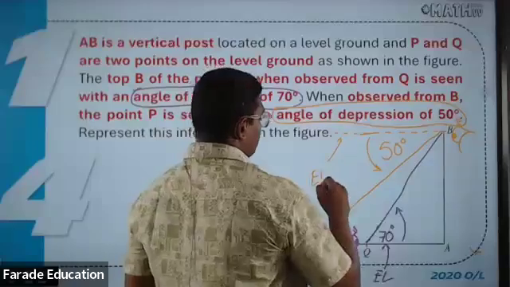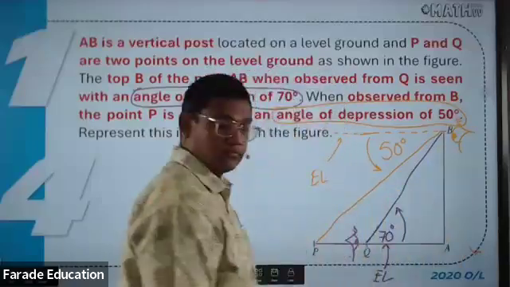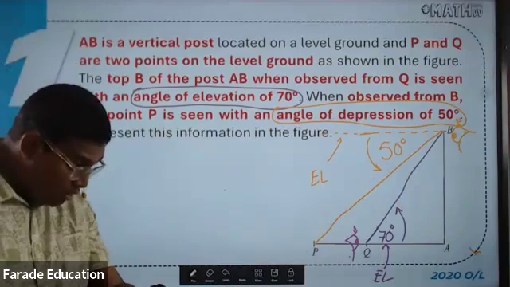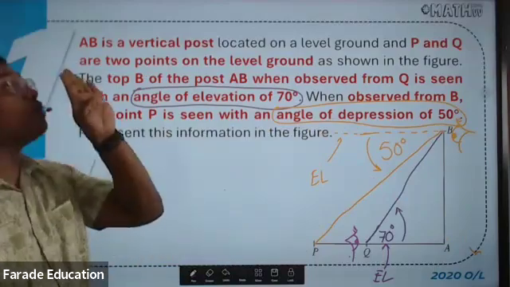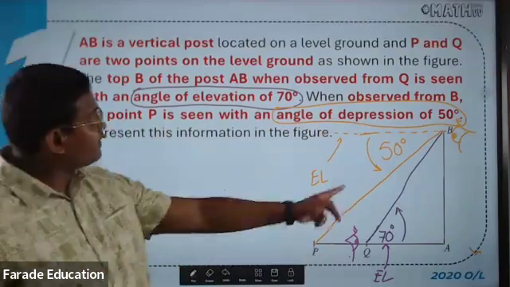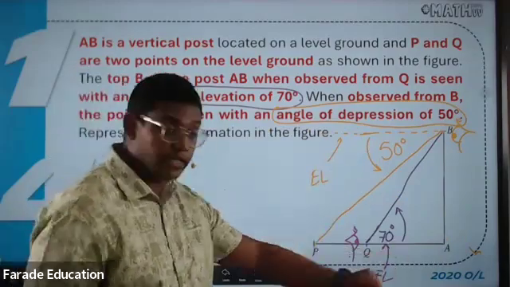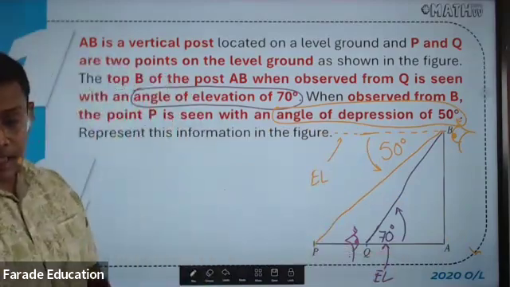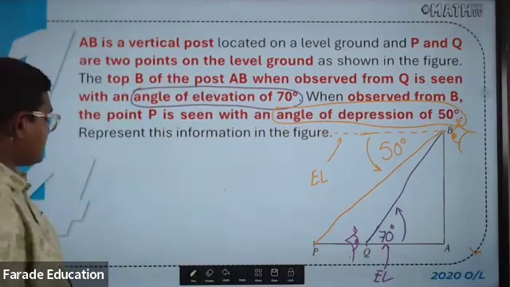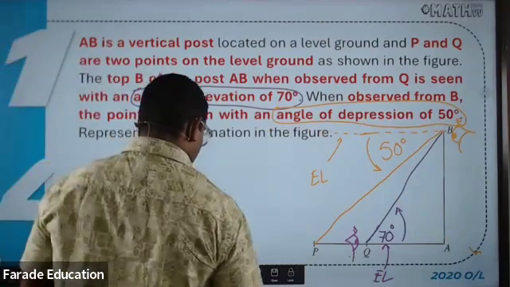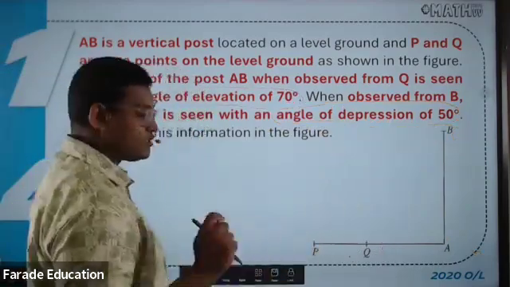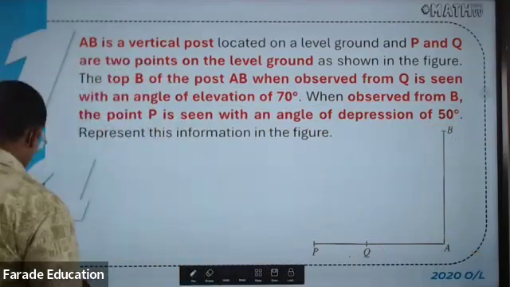This is the eye level, and your eye is here. From there, you look down. Here, from Q, you look up. So 50 degrees should be marked on this side. 70 degrees should be marked like this. Clear? I hope the answer is clear. If you have any doubts, please drop in the chat box. We will answer.